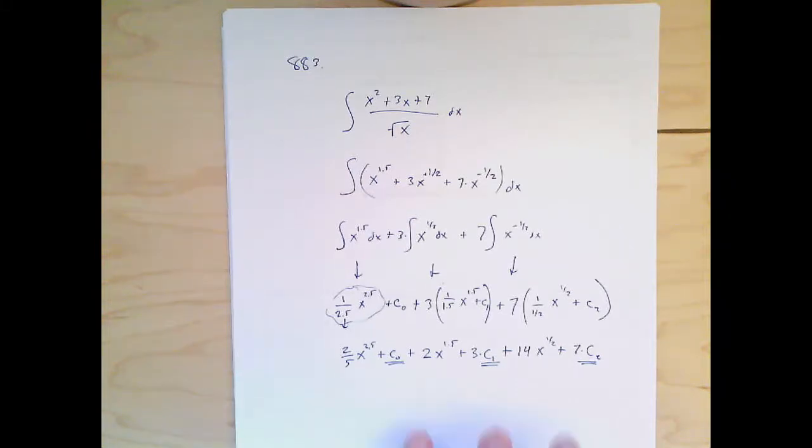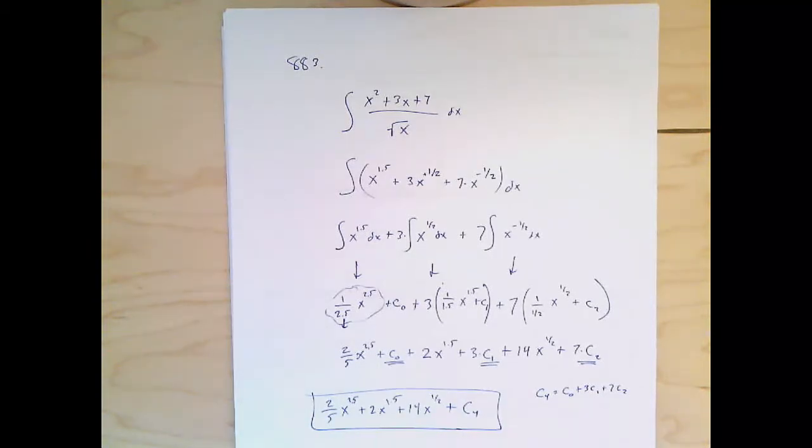So typically what you do is you just combine them all together. You define C4 to be the collection of all of these, 3C1 plus 7C2. And so then you could write your final solution as 2/5 x to the 2.5 plus 2x to the 1.5 plus 14 x to the 1/2 plus C4.